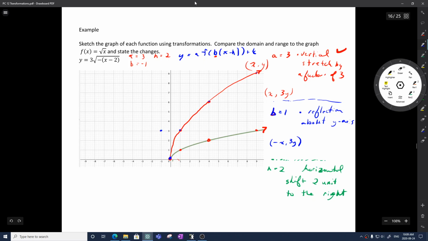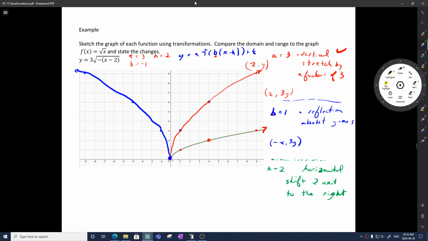So (4, 6) becomes (-4, 6), (9, 9) becomes (-9, 9). Now I'm going to connect the dots. Now this is where it starts, right? There we are. So far, not so bad.